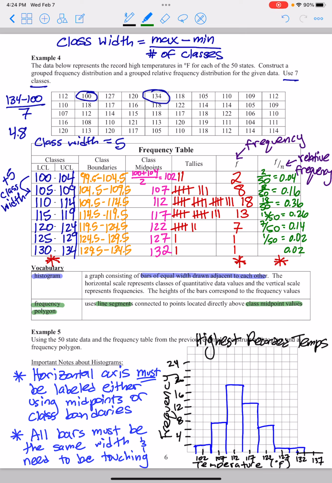This is a different type of graphical representation of our data. Essentially, it is our histogram, except instead of putting the bars, you're going to have lines that are between the midpoints, which are at the top of each bar.